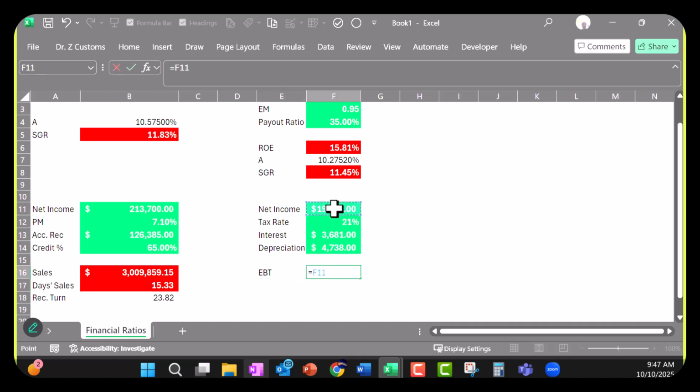Take net income divided by 1 minus tax rate. Then CCR is earnings before taxes plus interest plus depreciation divided by interest.